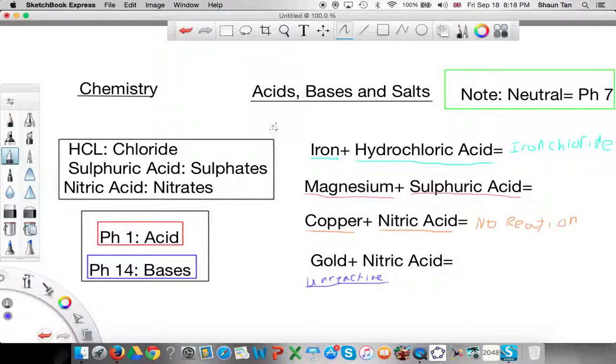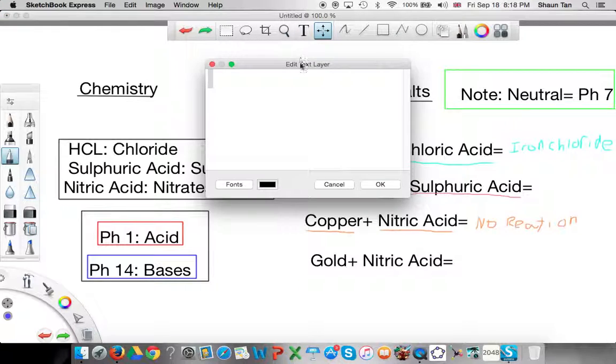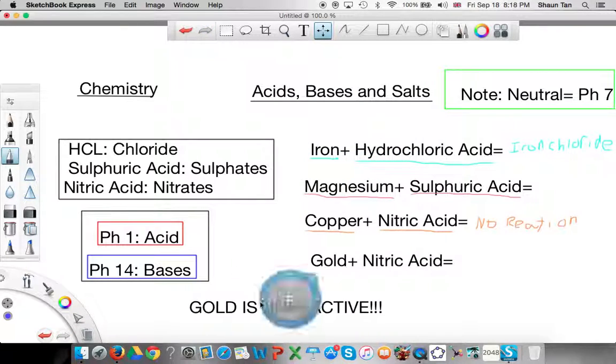Let me just type that up for you guys: gold is unreactive. So this is why we cannot do this one either. It's also no reaction, because gold is not reactive.